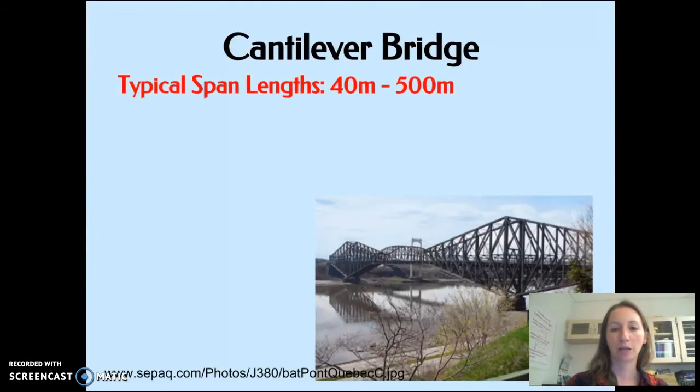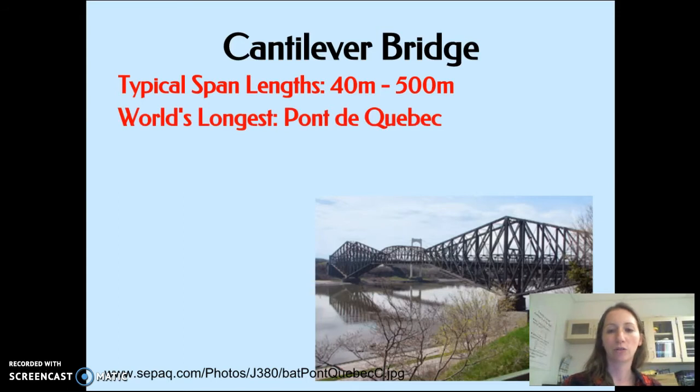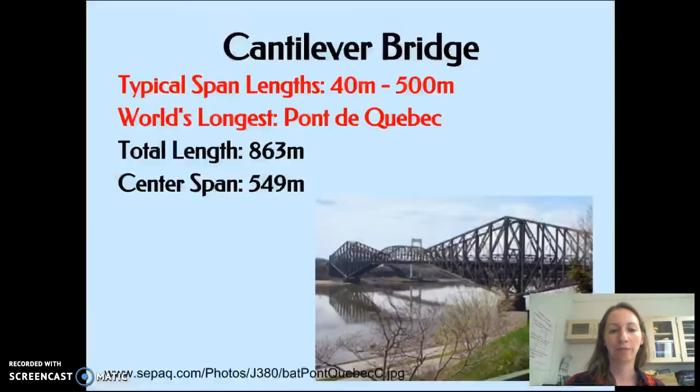All right, typical spans for cantilever bridges are 40 meters to 500 meters. Because they're so supported, they can have a slightly larger span than just a regular beam bridge. This would be the world's longest here, Pont de Quebec.